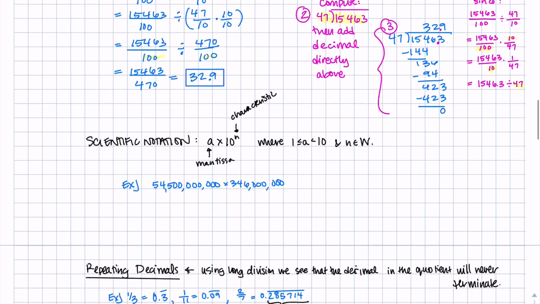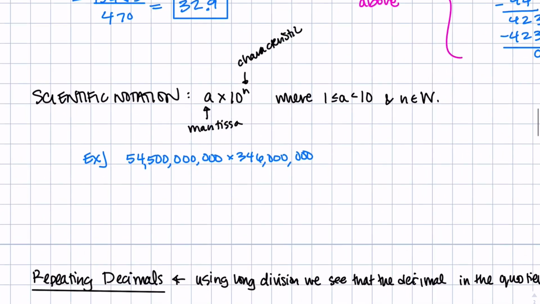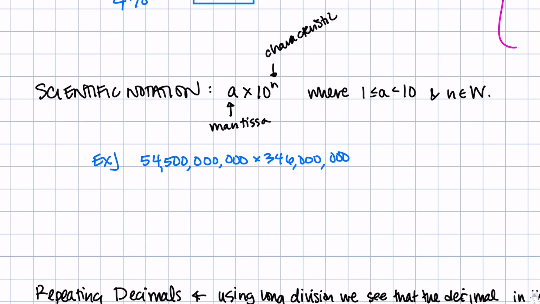talking section 7.2 here. This is a good time to talk about scientific notation. We won't spend a lot of time on it, but it's a good thing to be aware of. Scientific notation is basically just a really handy tool for writing very big or very small numbers.